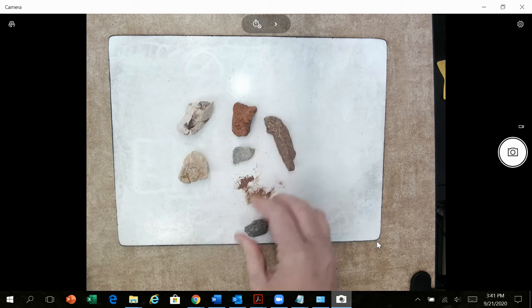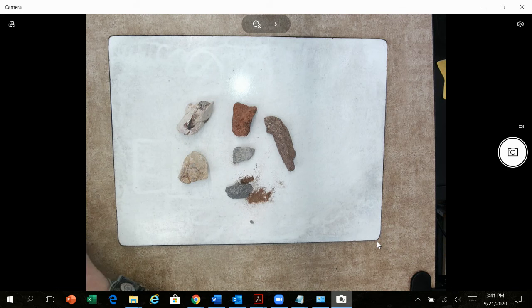And I see when I have them out, I have rocks that some of them could be the same and some of them could be different. So I'm going to say, if I'm thinking about different kinds of rocks, and I'm thinking about ways that I could sort these rocks.